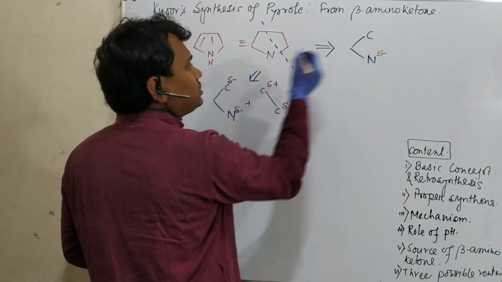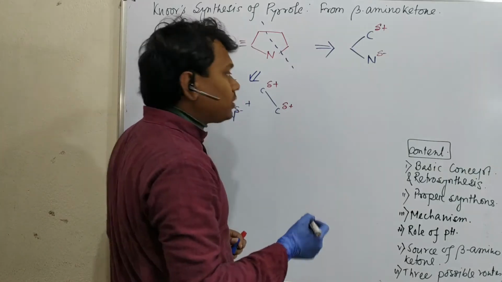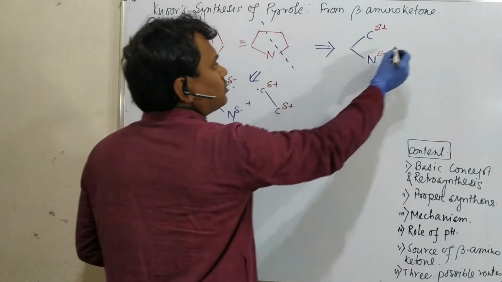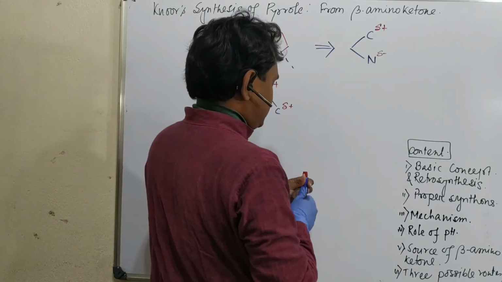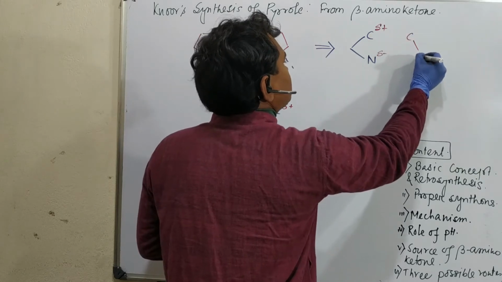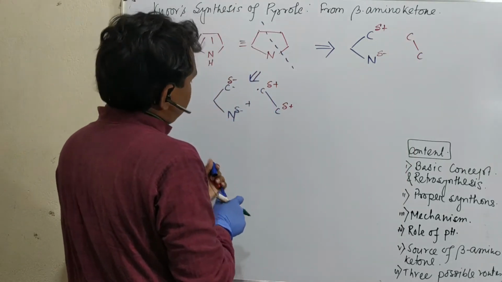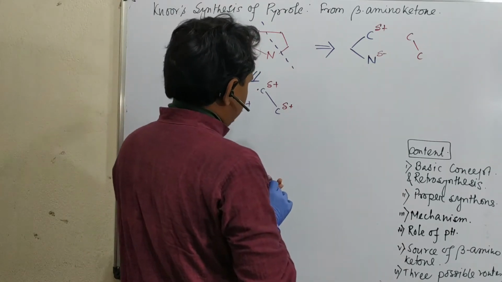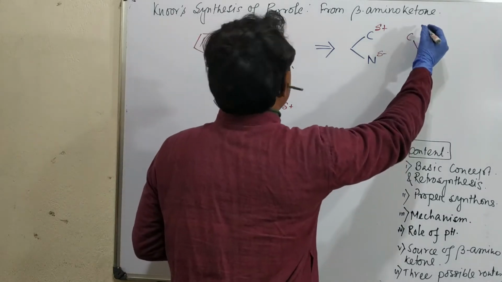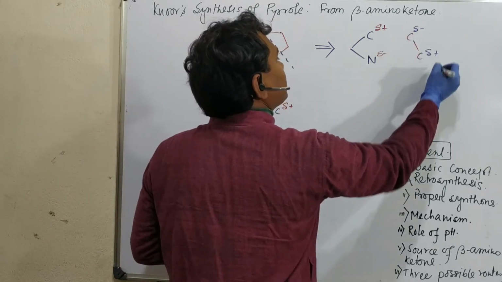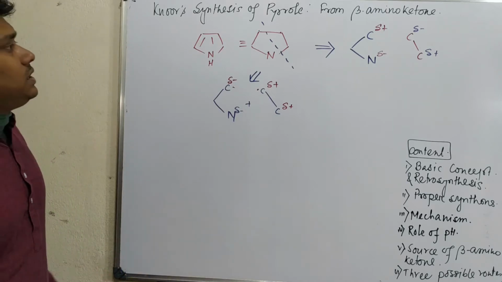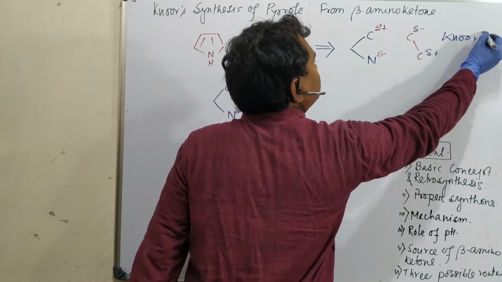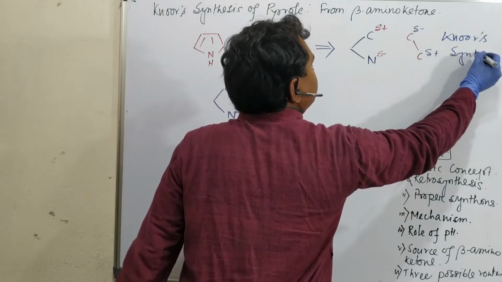So right now, instead of that, we can take C delta plus. And if we take C delta plus, then actually this carbon and this carbon, it's expected that this will be delta minus, this is delta plus. So this is the synthon. Actually, this is the Knorr synthesis, what we are going to discuss today.